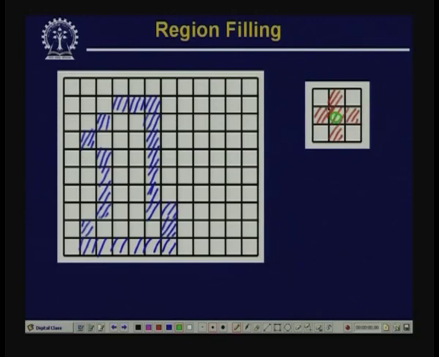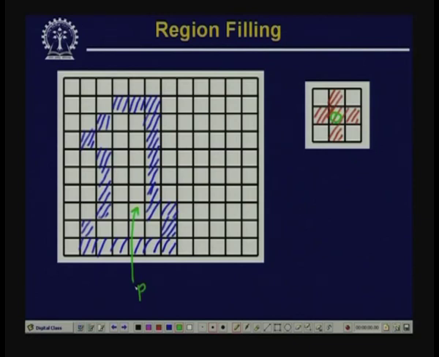Now, for the region filling operation, first let us consider any pixel p within this hollow region. I consider a point within the hollow region and call it the point p. And our algorithm will be something like this.